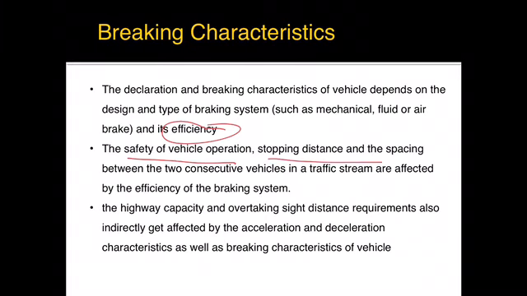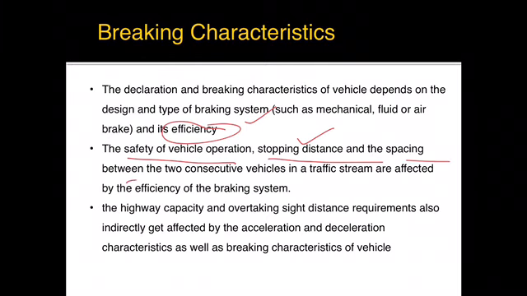It is also required to decide the stopping distance. After application of the brakes, the vehicle will move a certain distance before it comes to a stop. The distance the vehicle has moved after the application of the brakes is called the stopping distance. That stopping distance is decided based upon the type of braking system provided in a vehicle and also its efficiency.